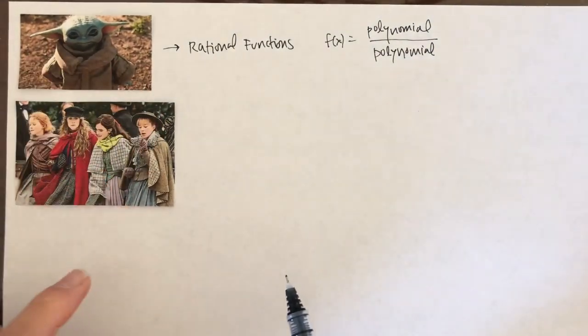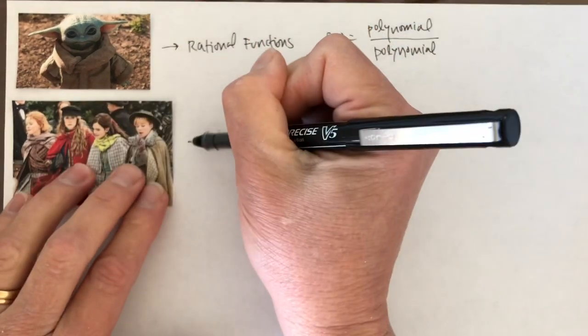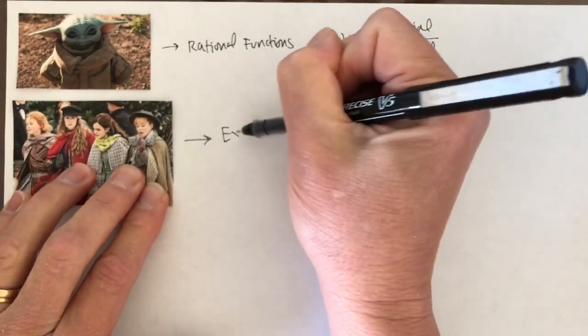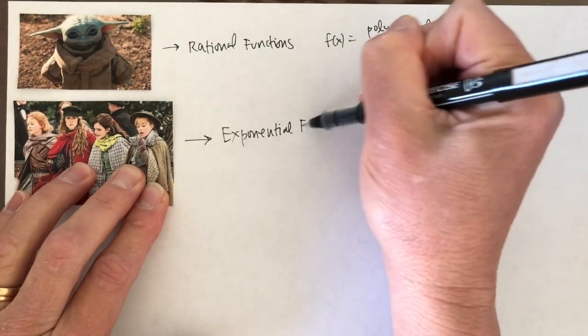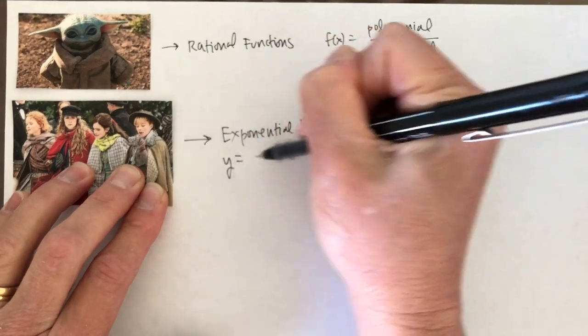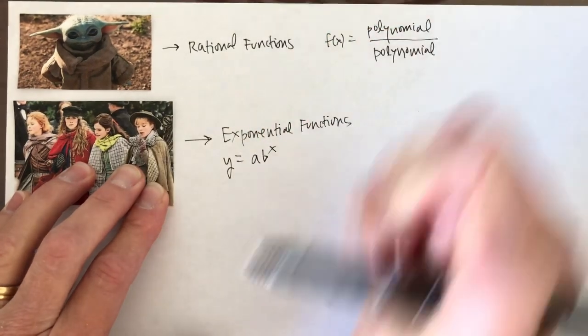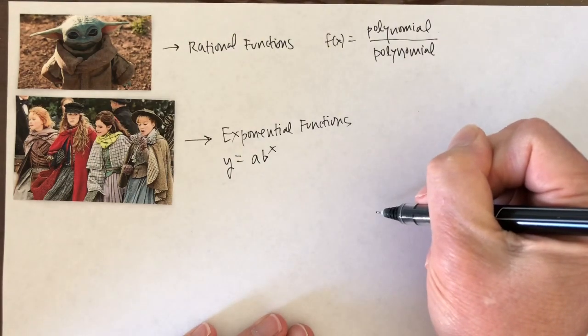And whenever you saw the Little Women, the March sisters, you knew we were talking about exponential functions. And these are basically of the form y equals a times b to the x, with that initial value and then that change factor.